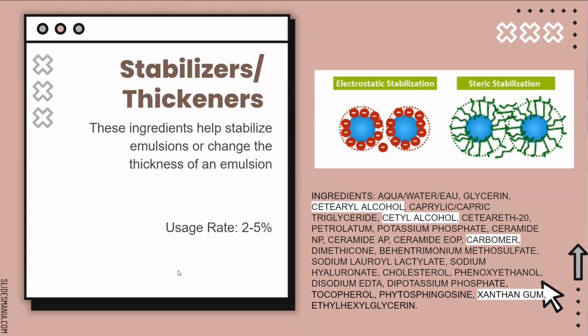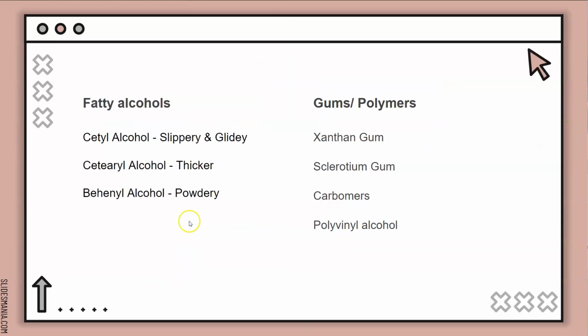And these are the most common types of stabilizers that are used in lotions and creams. Fatty alcohols, the most common examples are cetyl alcohol, cetearyl alcohol, and behenyl alcohol.